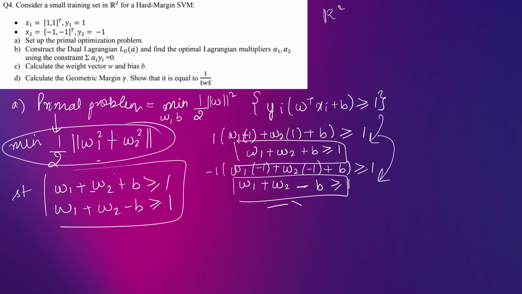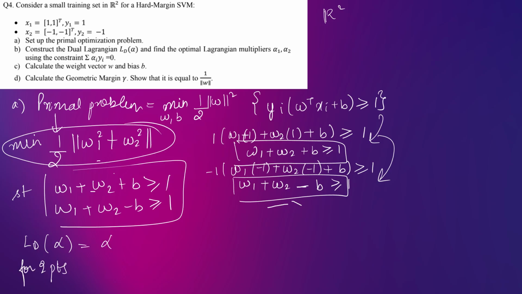Second, construct a dual Lagrangian LD alpha and find the optimal multipliers alpha 1, alpha 2 using the constraint summation alpha i yi is equal to 0. So basically your LD of alpha. Now here we have 2 points with us.